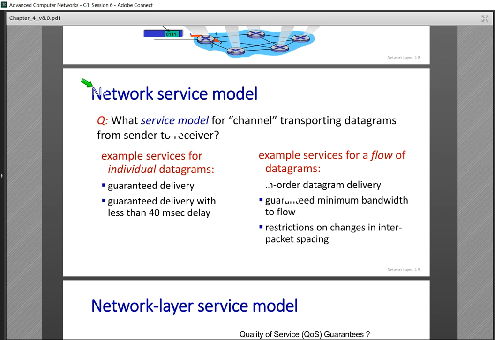This channel will try to deliver the packets or datagrams to the receiver. But maybe someone says, can it guarantee this delivery, or can it guarantee the delay between the source and destination?